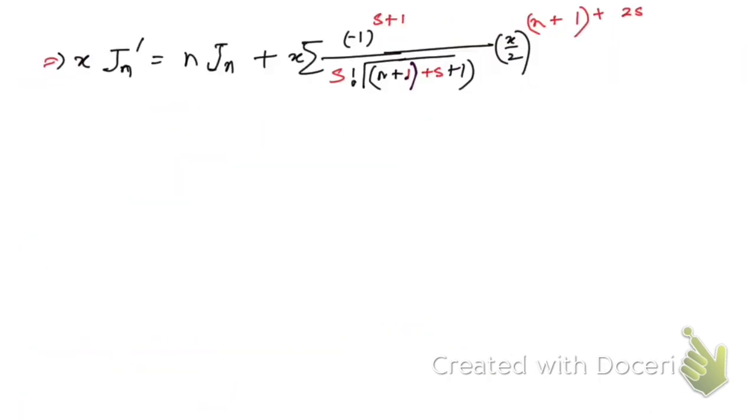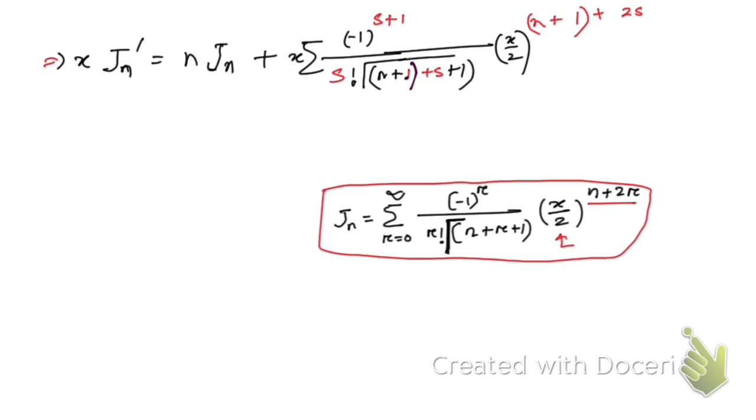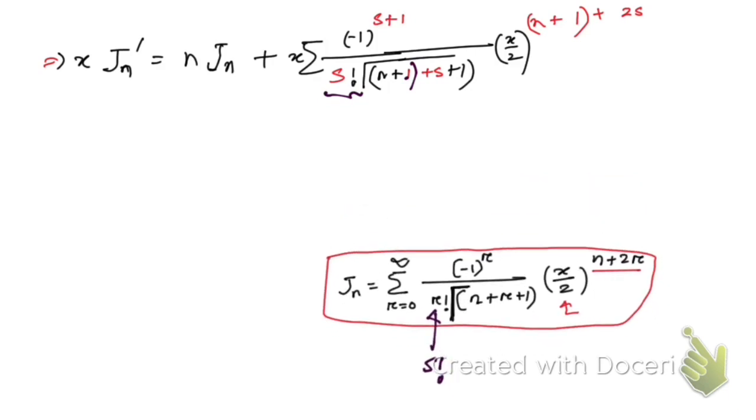Here you see, this is Bessel's function. So now you can compare this s factorial with r factorial, right? And one more thing, you see, this is minus 1 to the power s plus 1, so you can write this way.